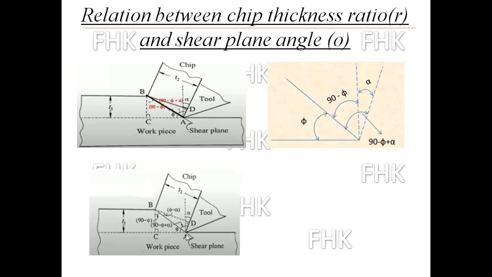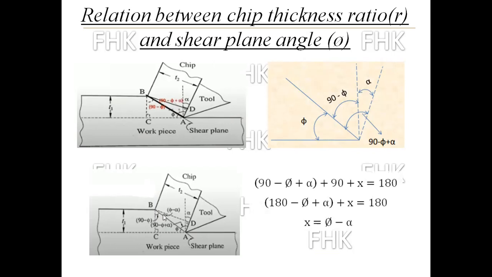Now I am going to find ABD. I know that the addition of all three angles in a triangle is 180 degrees. This I learned in my school. I know this angle BDA is 90 degrees. The third angle I will consider as X, which I have to find out.